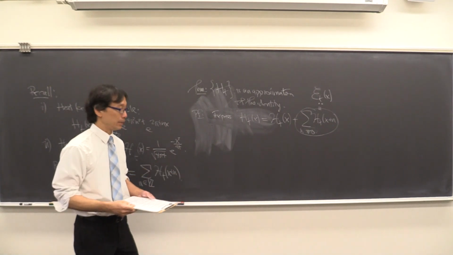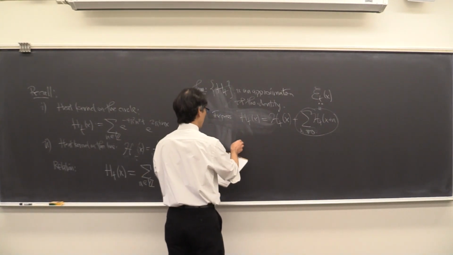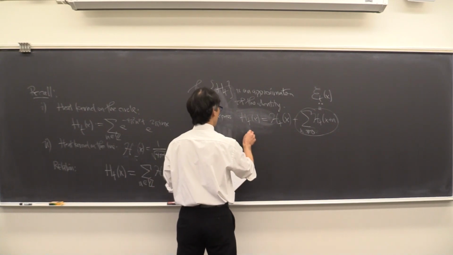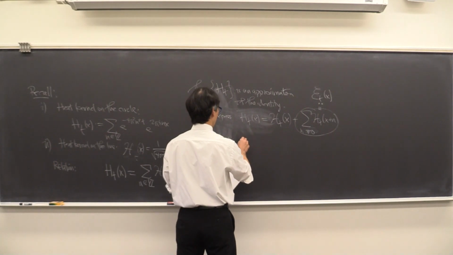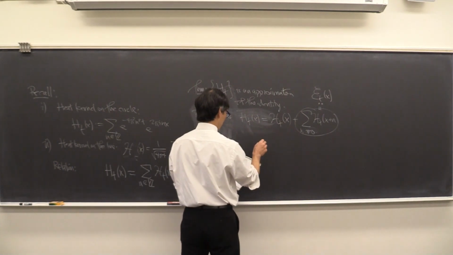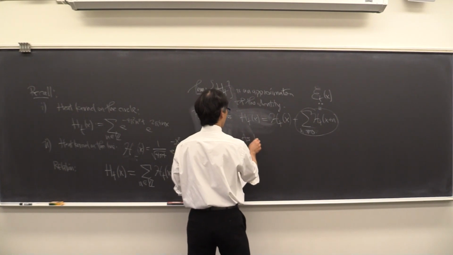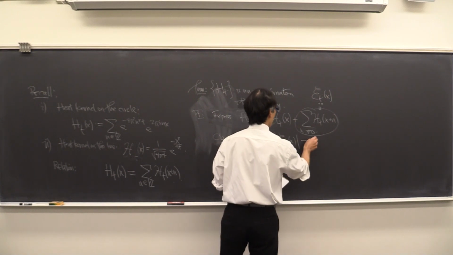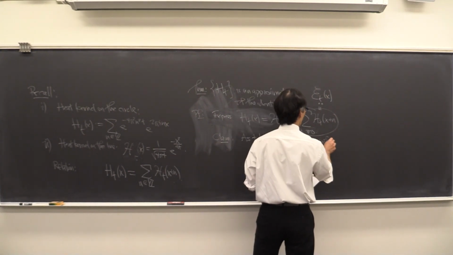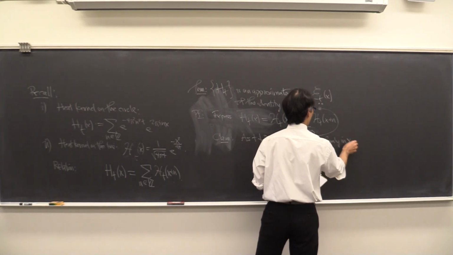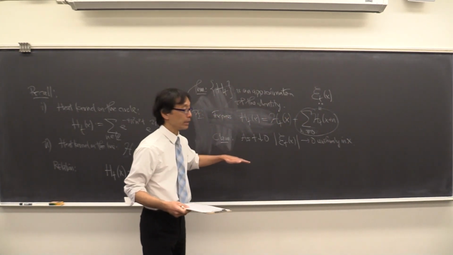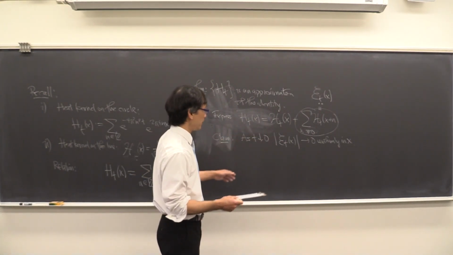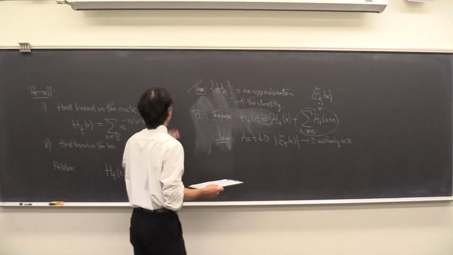Our claim is that as t goes to 0, E_t of x also goes to 0 uniformly in x. So we have this uniform bound on the E_t's as t goes to 0, and that does it for us.